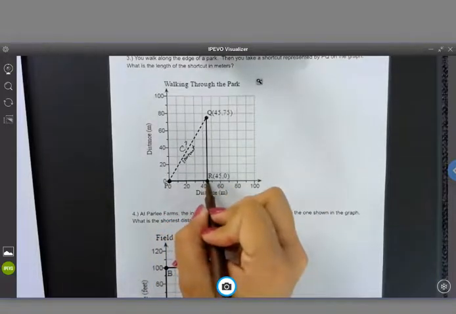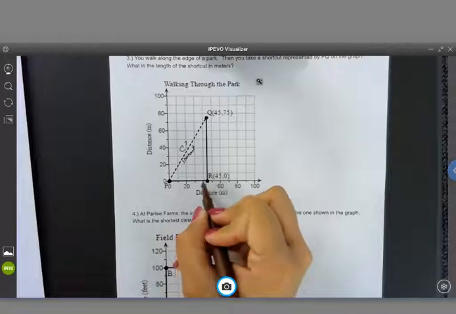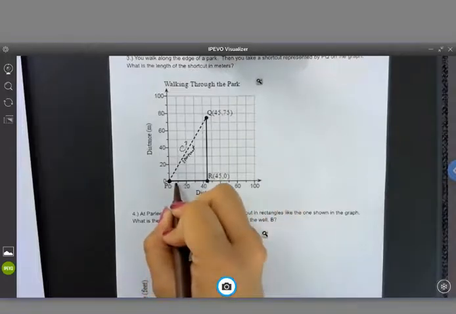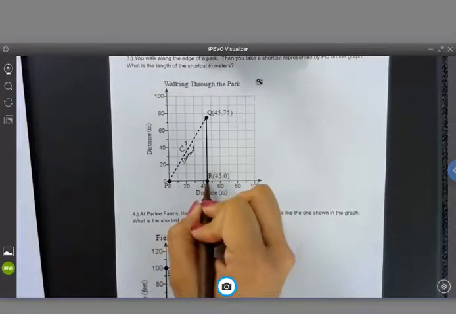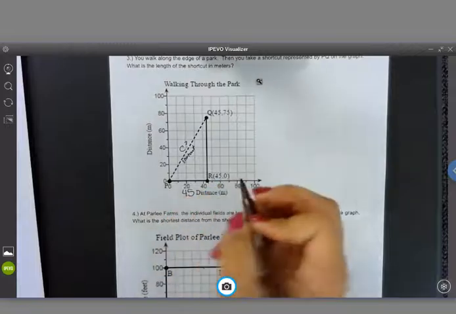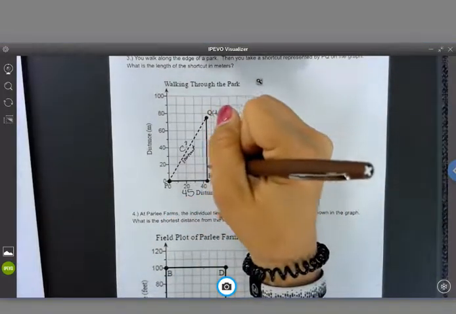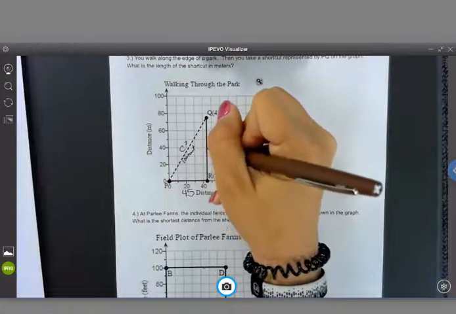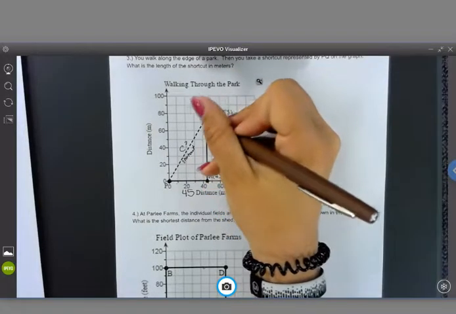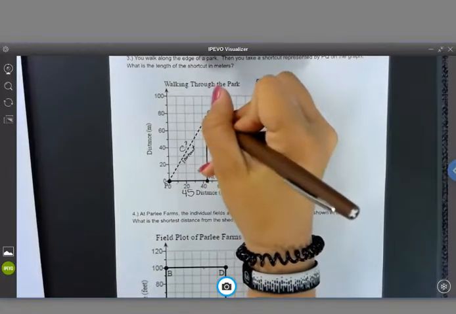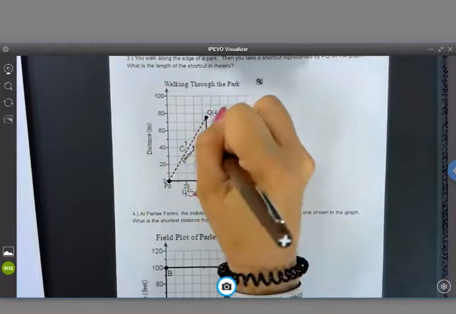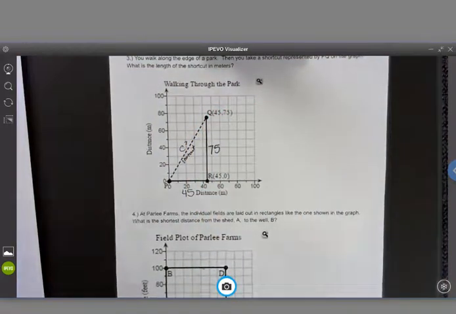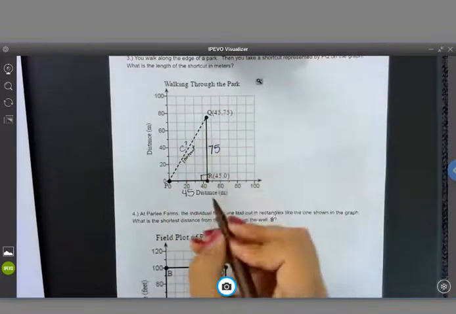And on this one, the point R is in the middle of a box. So I have 10, 20, 30, 40, 45. And if I'm going up, I have 10, 20, 30, 40, 50, 60, 70, and that's in the middle of a box again, so 75. We can also tell that from the point.